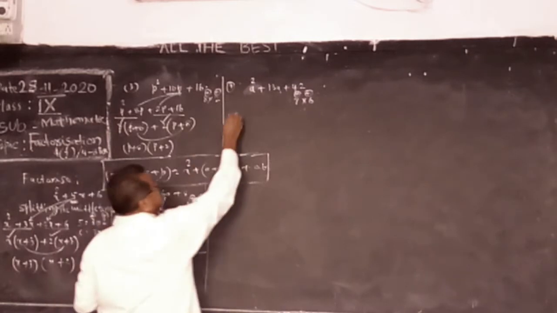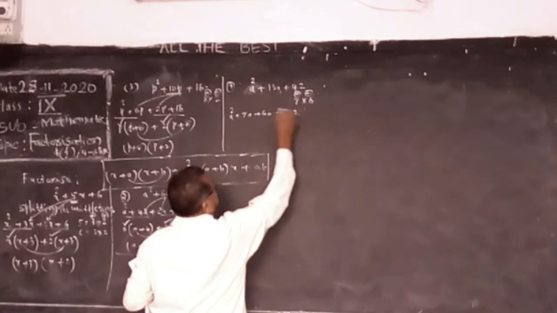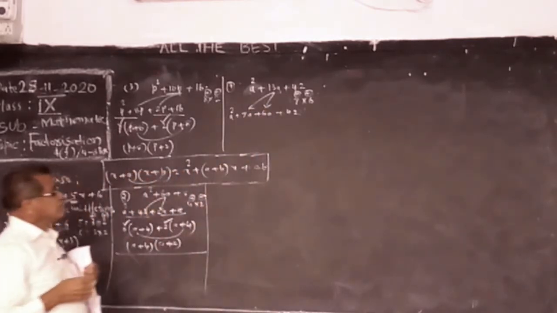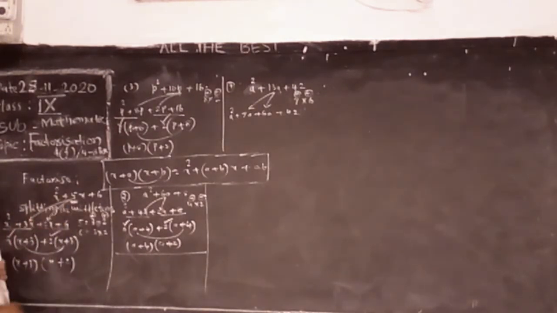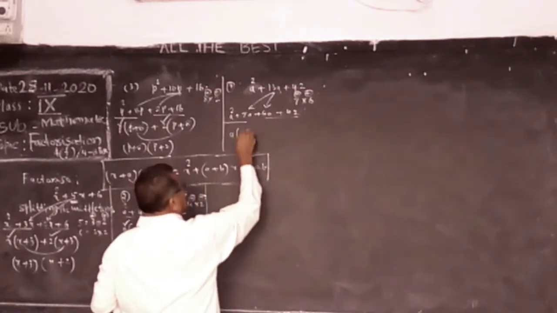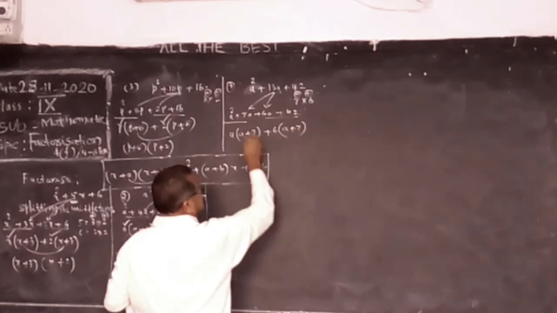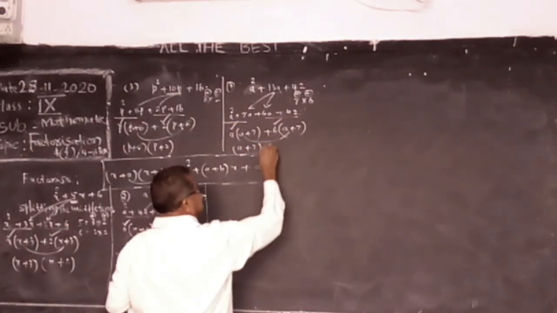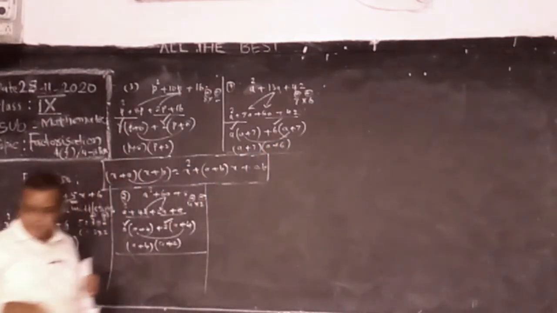So split it: a squared plus 7a plus 6a plus 42. 13a is written as 7a and 6a. We are splitting the middle term. Now taking a common, a plus 7. Taking 6 common, a plus 7. A plus 7 is common, so (a plus 7) into (a plus 6), where a is left and 6 is left. So like that.